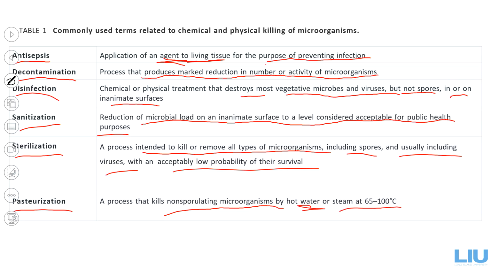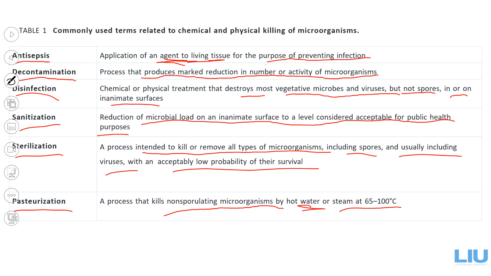So an ideal question would be matching. You have definitions, match the term with its definition. Makes sense? Unfortunately we have to do that. Okay, any questions about those?